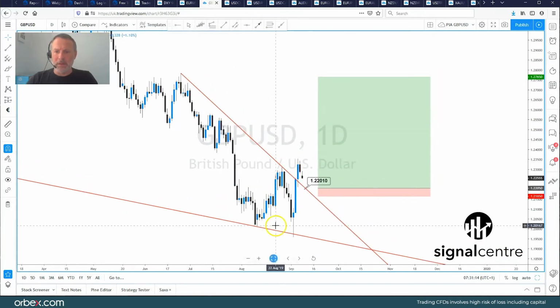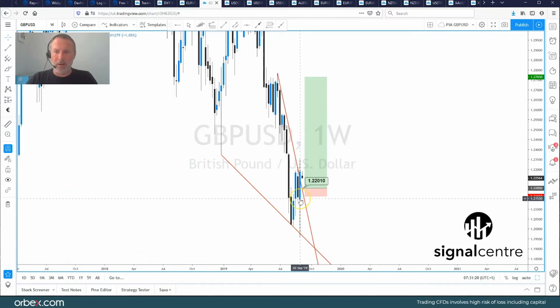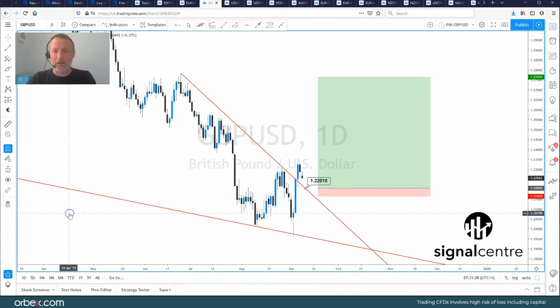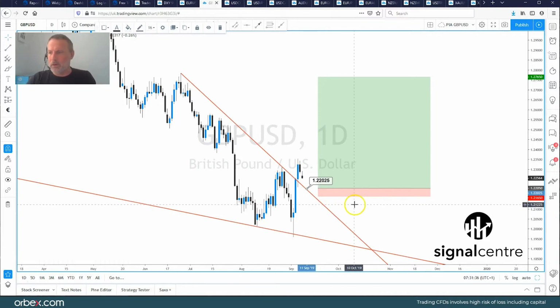If we go to cable, decent move to the upside. In fact, if we just go to the weekly chart, we've posted a bullish outside candle on that weekly chart. Now that often indicates the end of a downward trend and the start of a new upward bias. So going back to the daily chart, we've got some reverse trend line support located at 122.02.